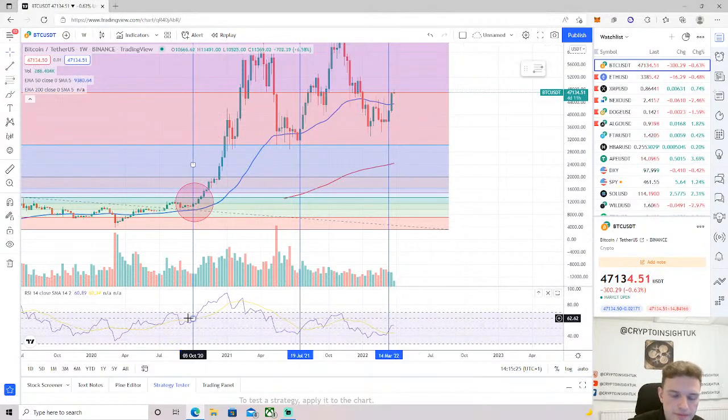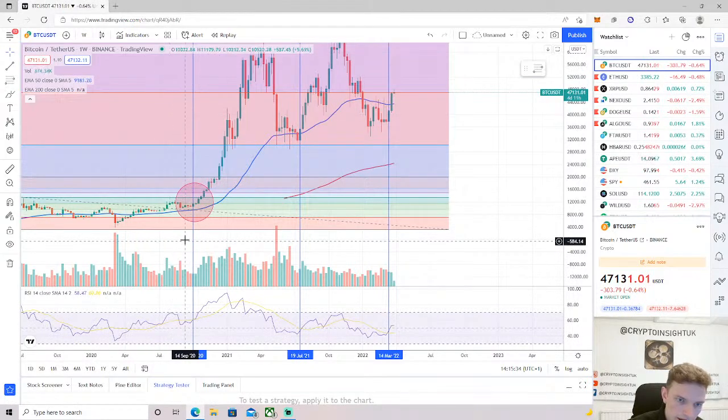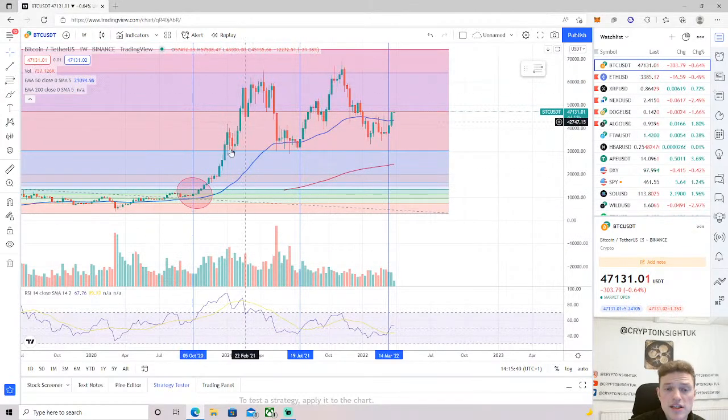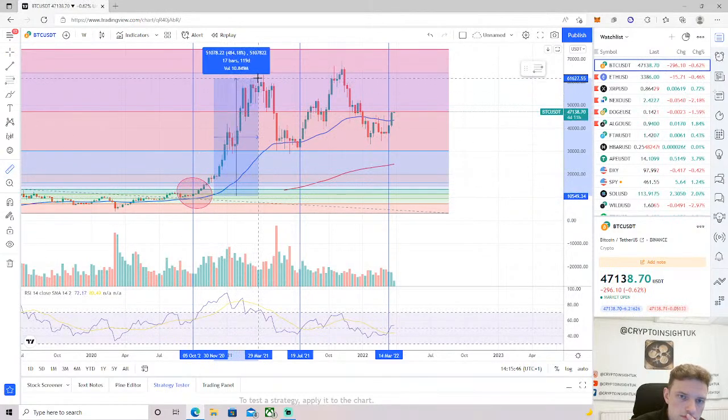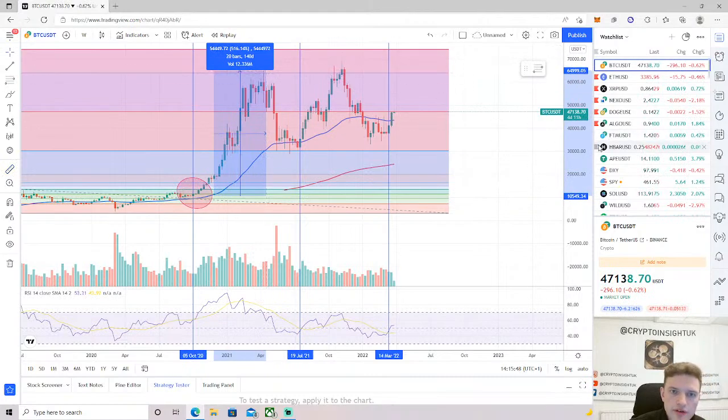But in this scenario, we had that bullish cross on the RSI back on the 5th of October 2020. This is on the weekly time frame, and when we had that bullish cross, we actually had a continuation to the very top of a percentage increase of 516%.